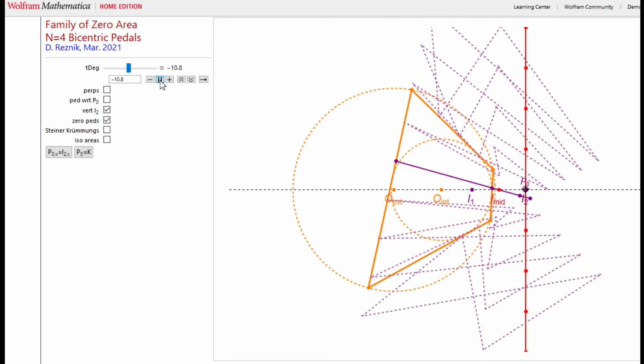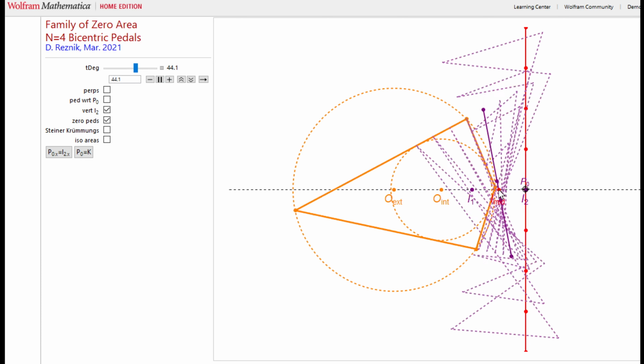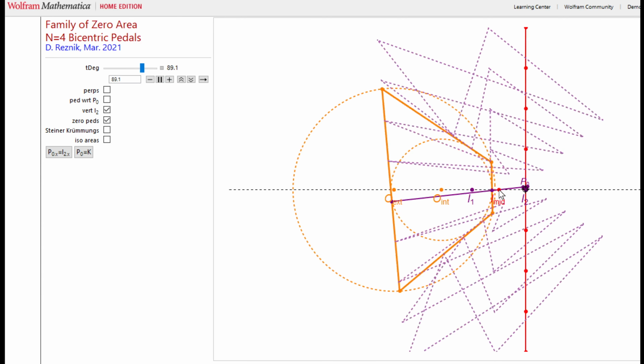Oh yeah, so one final claim is that the degenerate pedal polygon will always intersect the line connecting the centers of the 2 bicentric circles at the midpoint of the limiting points. So you can see that dynamically, that guy over there, the degenerate one.